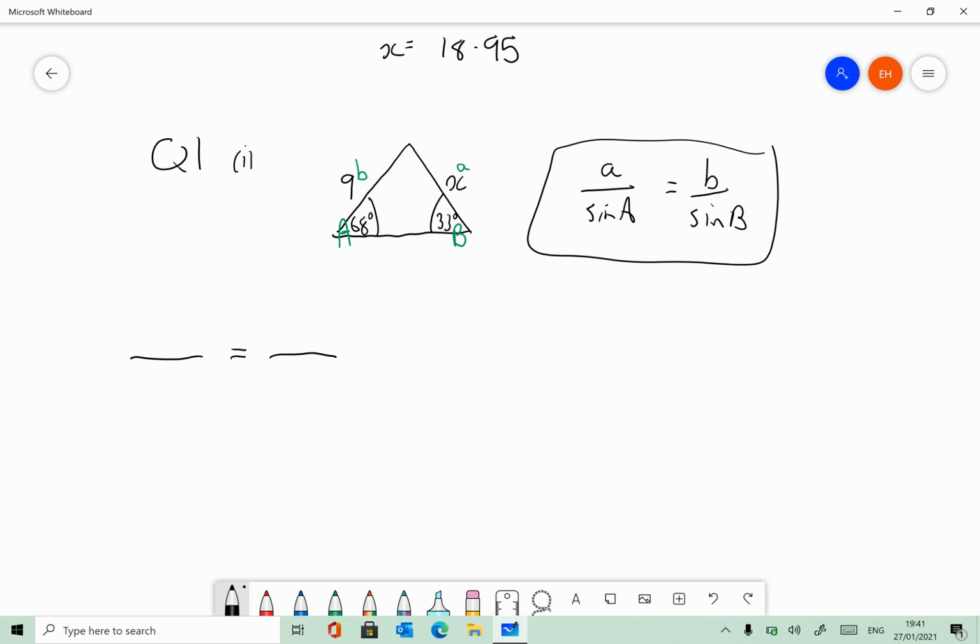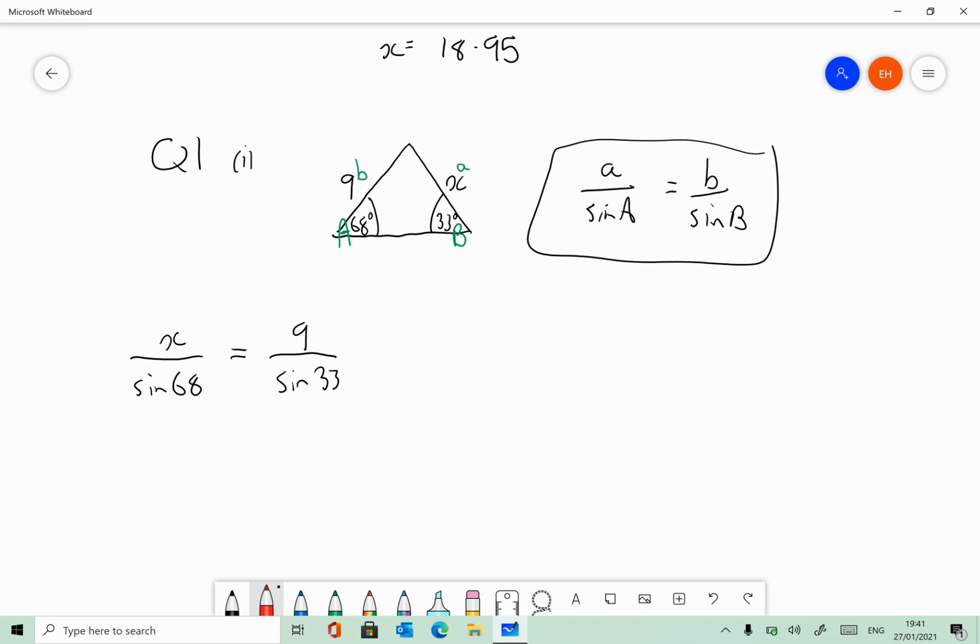Two fractions. It's a, which is x, all over sine 68 is equal to 9 all over the sine of 33. I can cross multiply, or I can evaluate the sines and all that sort of stuff. That might be the best thing to do first. Stick with our system.